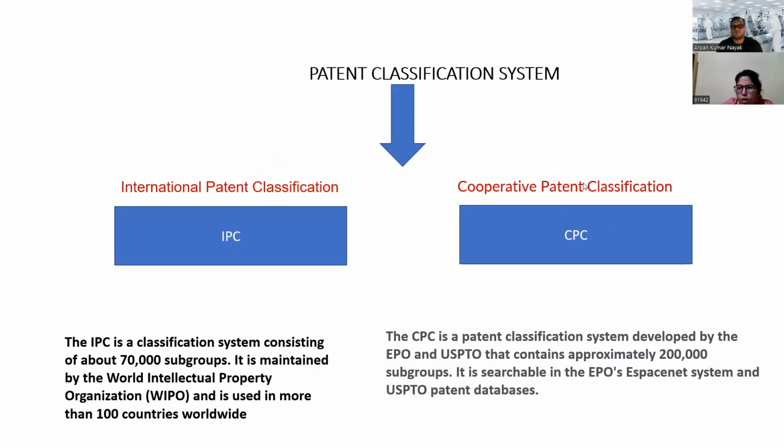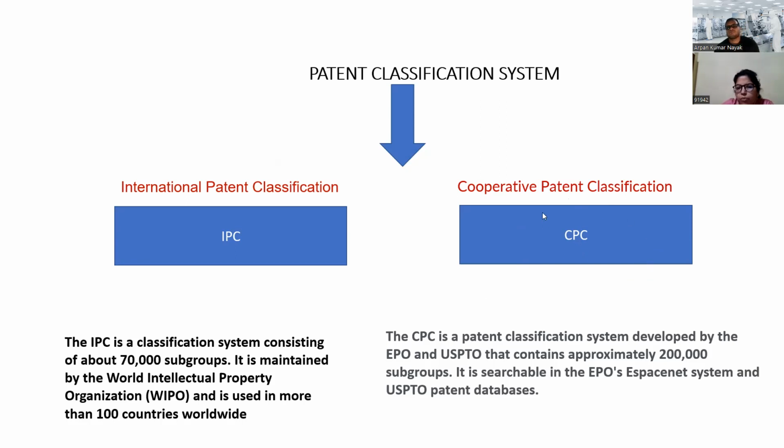But when we talk about the Cooperative Patent Classification system, as I told you in an earlier lecture, this is a joint venture of the US and EPO. The US was using its own classification system, and European countries were using their European classification system.